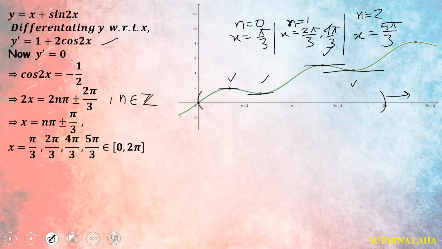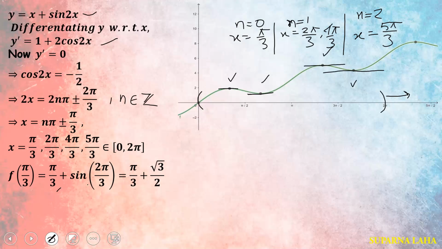Now let's take the functional value at those points. So for x equal to pi by 3, put pi by 3 into this equation, y is equal to x plus sine 2x. That means pi by 3 plus sine 2 pi by 3, and the value of sine 2 pi by 3 is root 3 upon 2. So pi by 3 plus root 3 by 2.